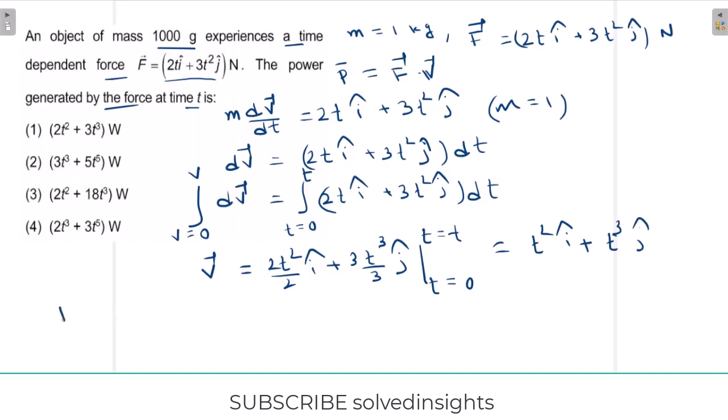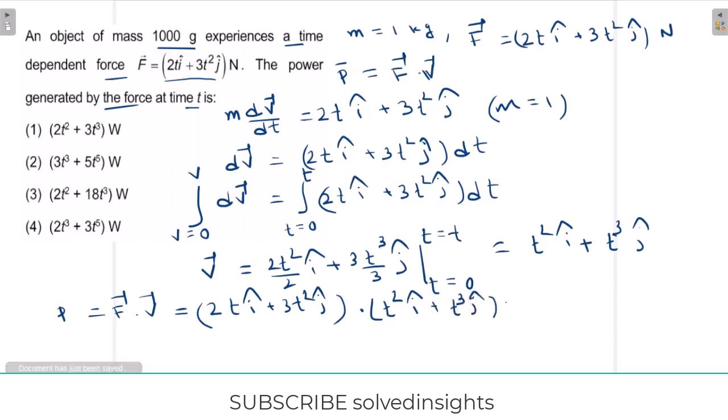Now power P is equal to F dot V. So F is equal to 2t i cap plus 3t square j cap, dot the velocity t square i cap plus t cube j cap. Now we know that i dot i is 1, but i dot j is 0.